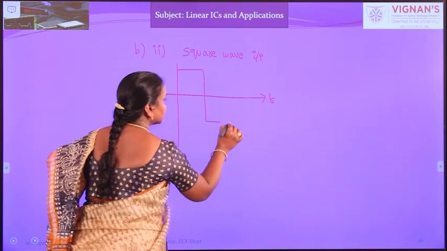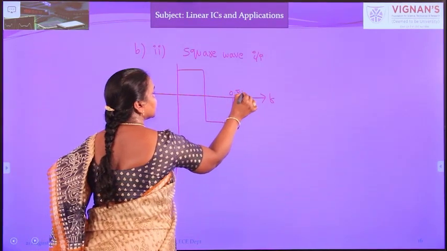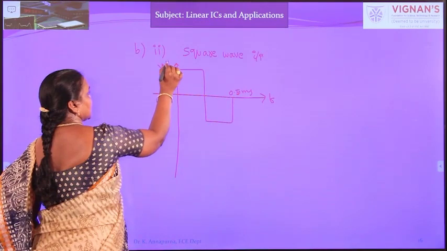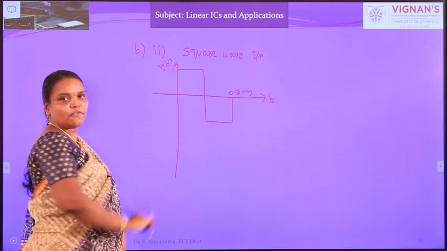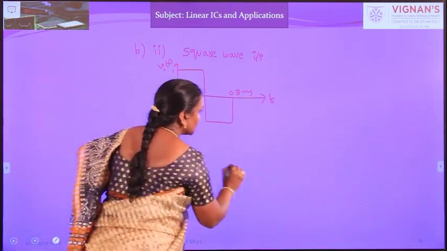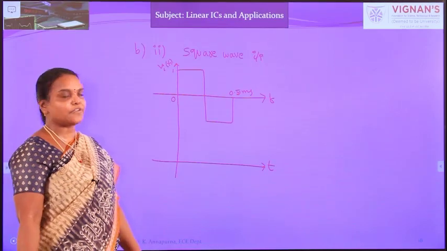Here also the frequency given is 200 hertz means it is 0.5 milliseconds. And it is also having a magnitude of 1. Right? Now, what will be the output? Already we have seen the input-output waveforms.